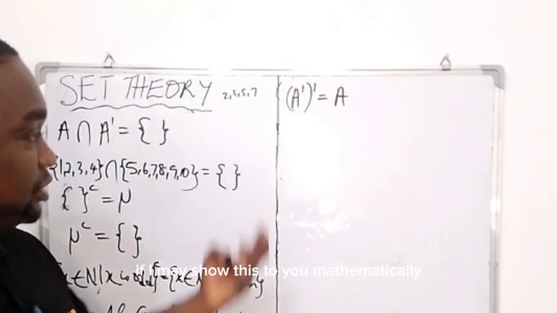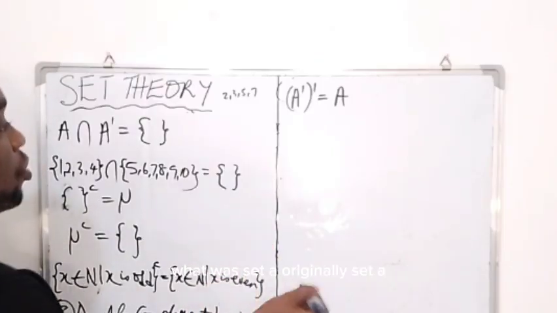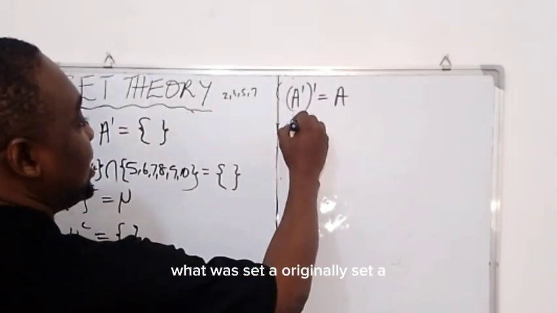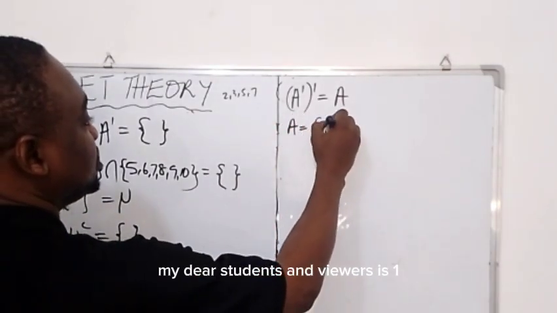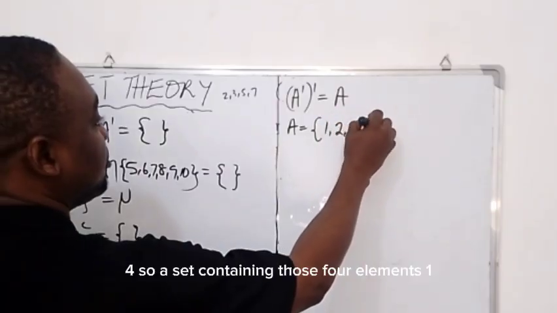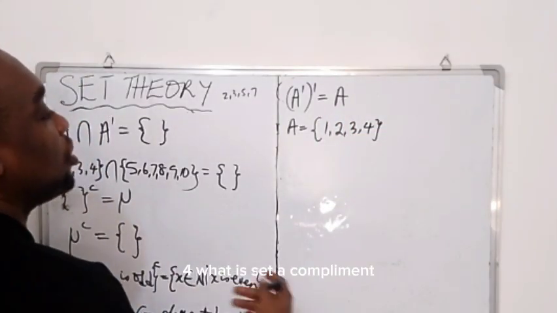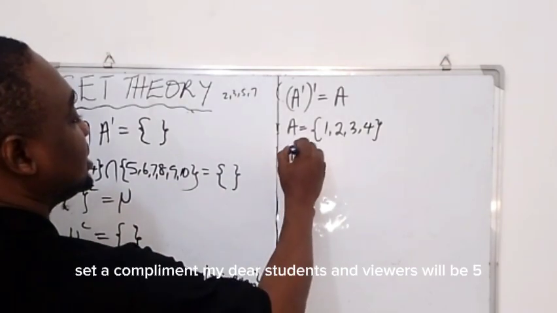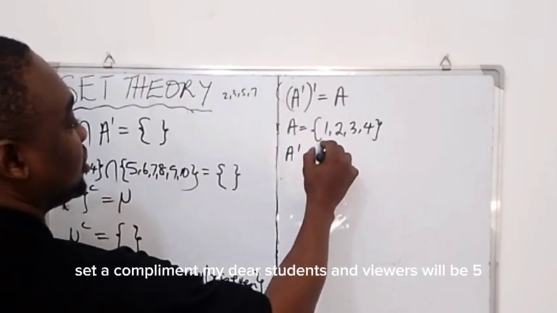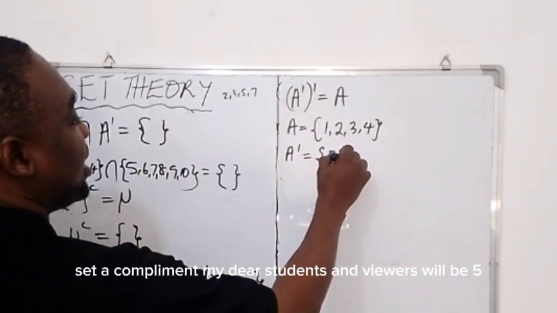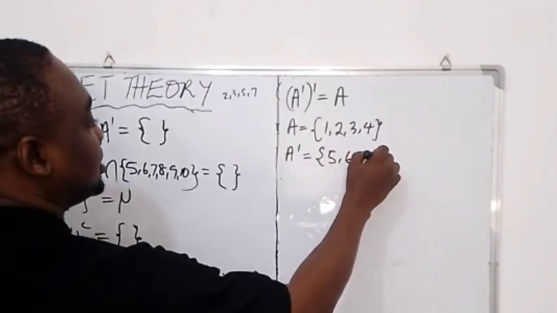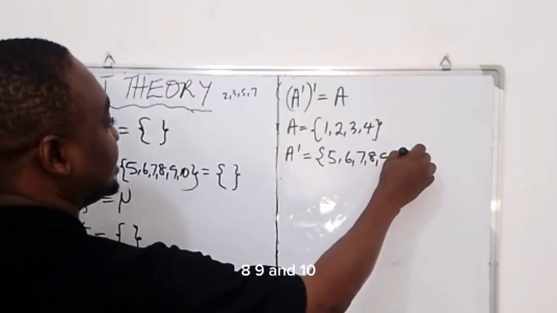If I may show this to you mathematically, what was set A originally? Set A is 1, 2, 3, 4, a set containing those 4 elements. What is set A complement? Set A complement will be 5, 6, 7, 8, 9, and 10.